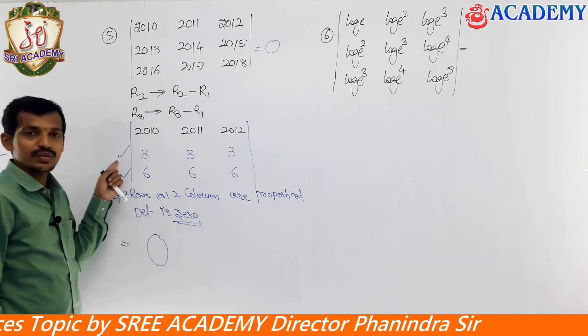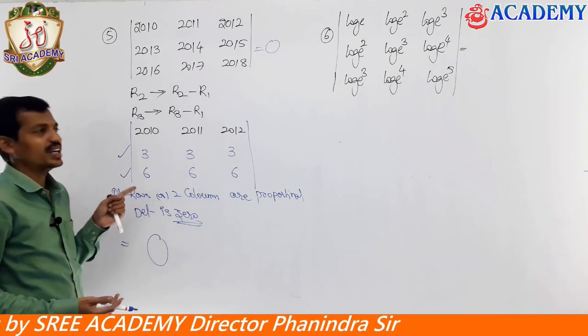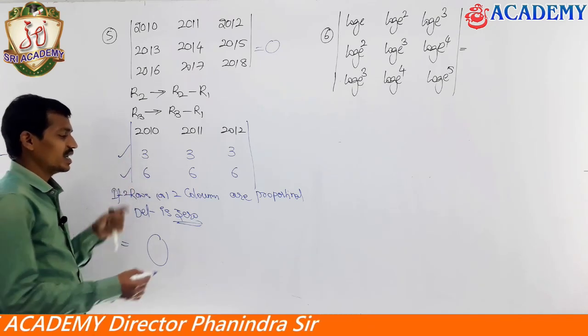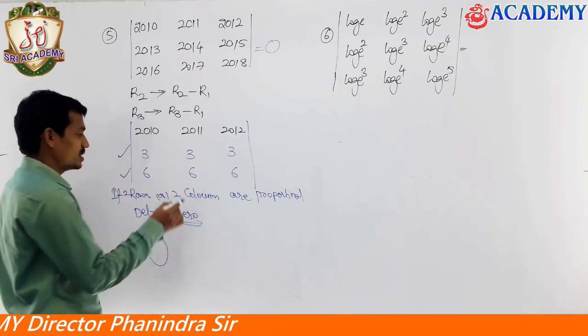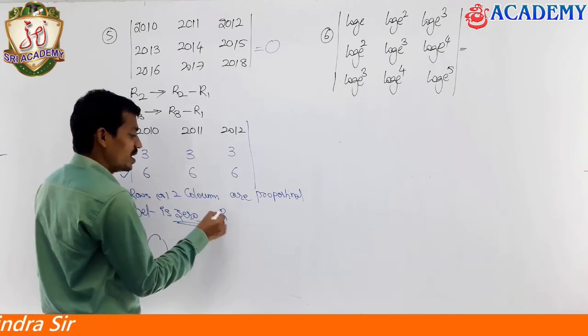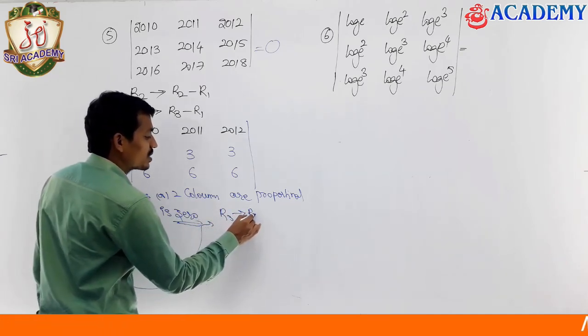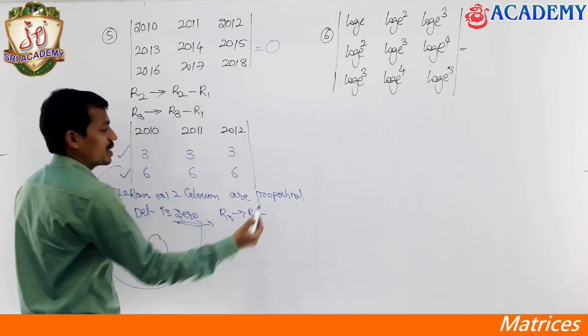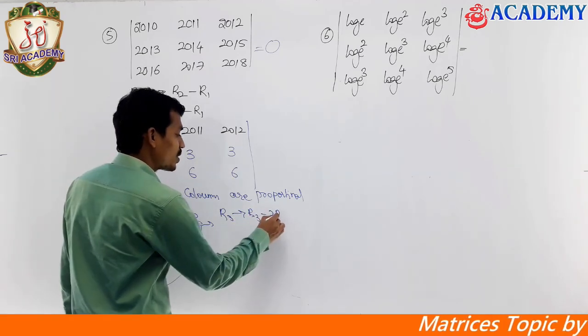What happens here is two rows become proportional. Once again, how you get 0 if you eliminate indirectly: if I apply one transformation, R3 tends to R3 minus 2R2.